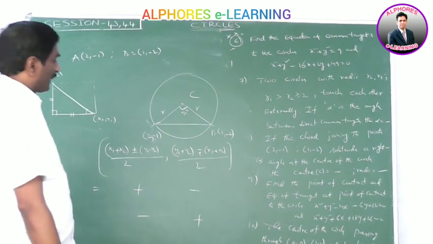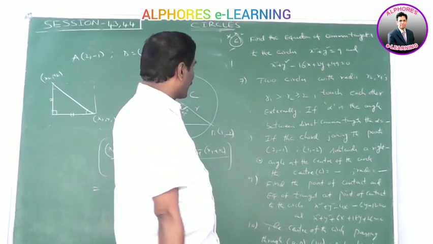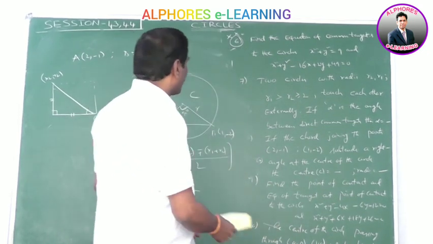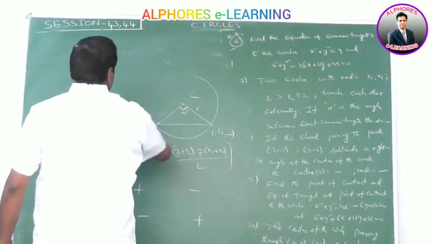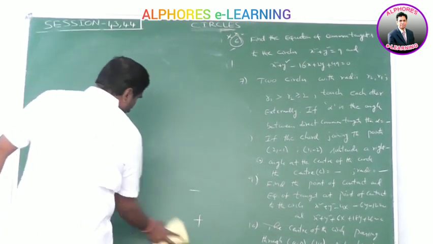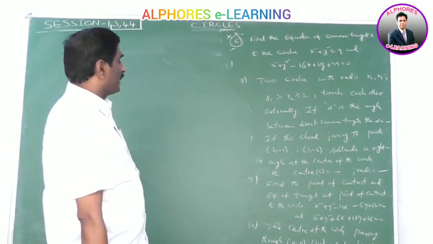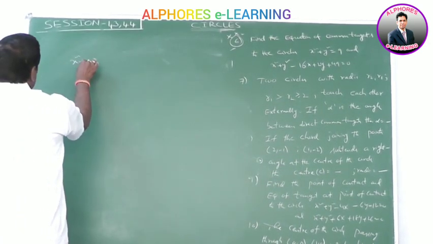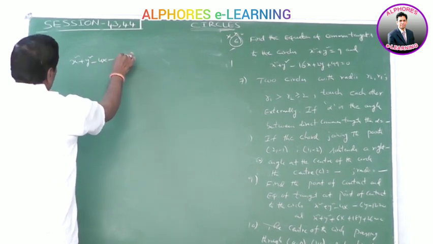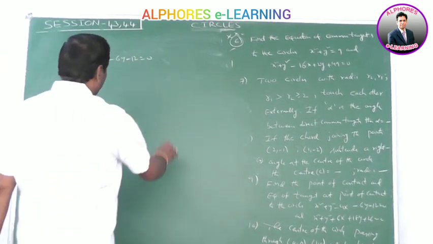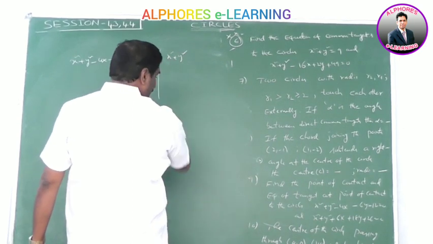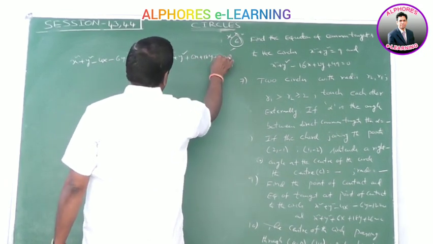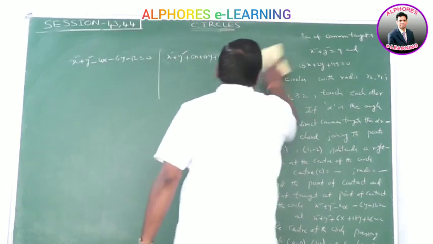Next, ninth one. Find the point of contact and equation of the tangent at the point of contact to the circles x square plus y square minus 4x minus 6y minus 12 is equal to 0, and the second circle is x square plus y square plus 6x plus 18y plus 26 is equal to 0.